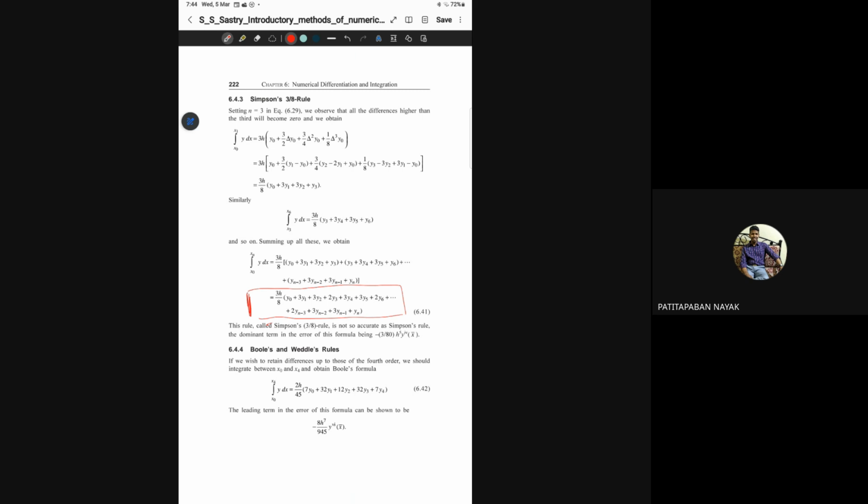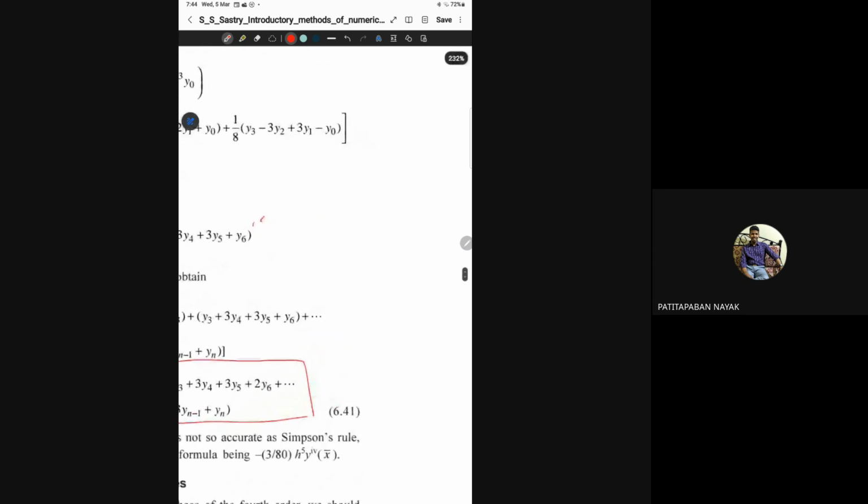Let me tell you what exactly is happening. If you have a curve like this, in trapezoidal it is just approximating it as a straight line, whereas in Simpson's 1/3 it is taking another point in between, so it calculates the area more accurately.